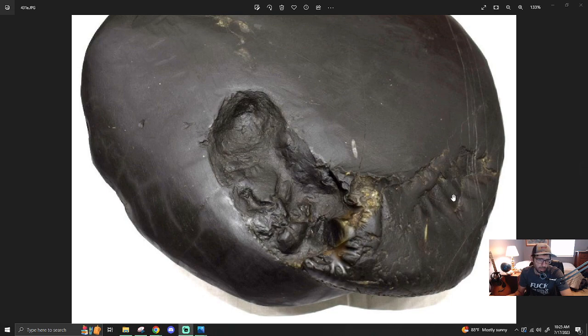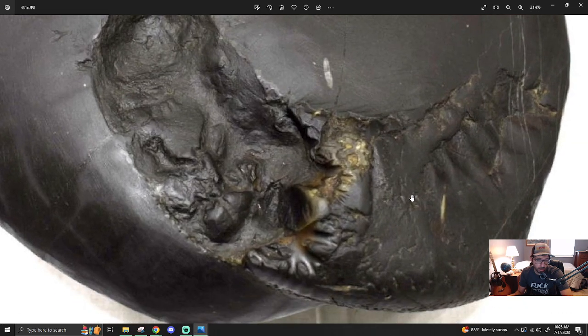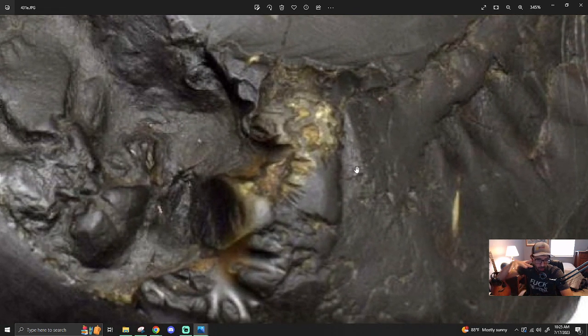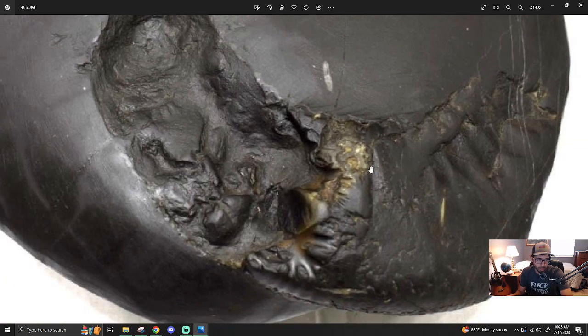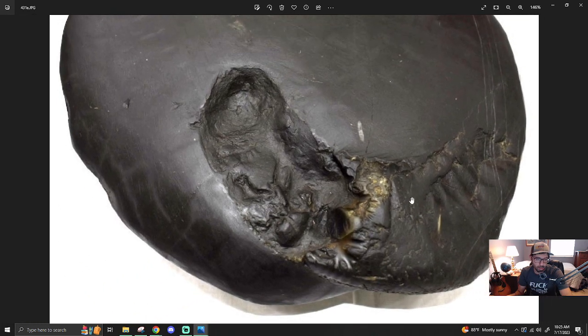I don't know if this makes any sense from a fossil standpoint. Right here, we can see little dendritic fingers overlaying this material here, almost like it's flowing and putting out pressure points and overlaying here the ammonite itself.